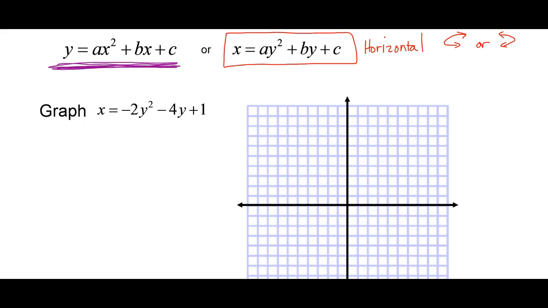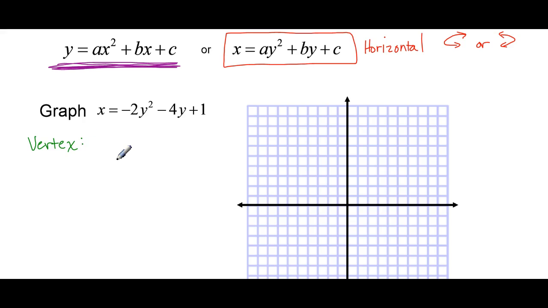Notice, aside from the fact that y is where x used to be and x is where y used to be, it looks pretty much like your normal parabola type of equation. And what you should be thinking is, okay, to graph parabolas, step 1 is find the vertex. So we're going to try and find the vertex here. You could use completing the square, but we're going to go a little quicker than that. We're going to use the vertex shortcut.